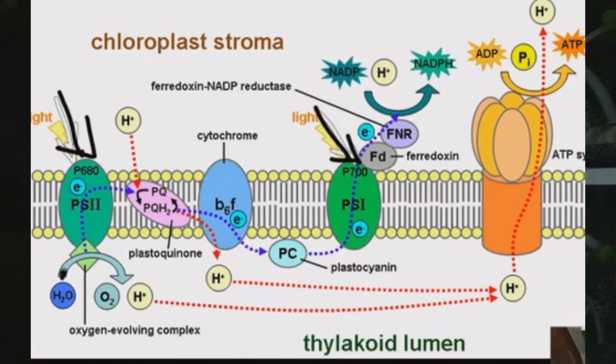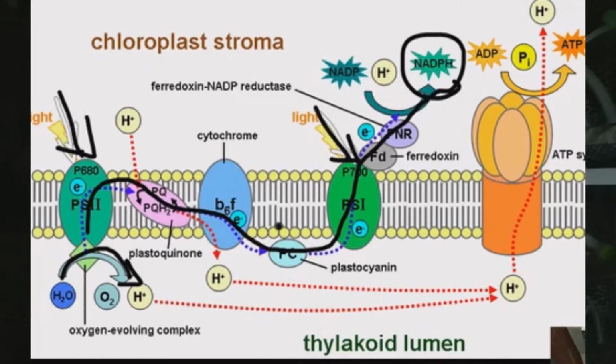As the electron moves along the thylakoid, it will eventually turn into NADPH.